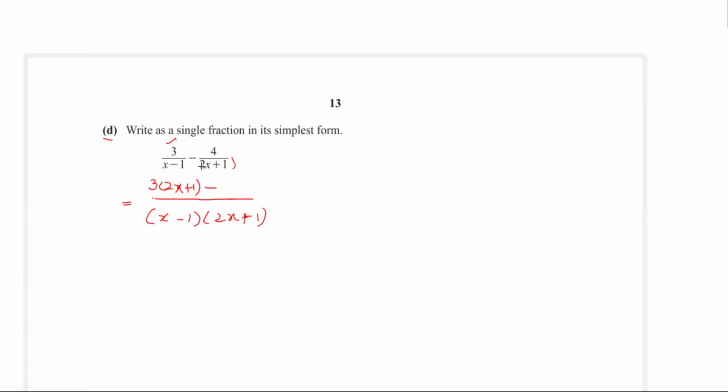Same here, we multiply 4 by x minus 1, because here the denominator becomes (x minus 1) into (2x plus 1). Now 4 is multiplied by x minus 1. You get 6x plus 3 minus 4x plus 4 over. Now you multiply x into 2x and then x into 1.